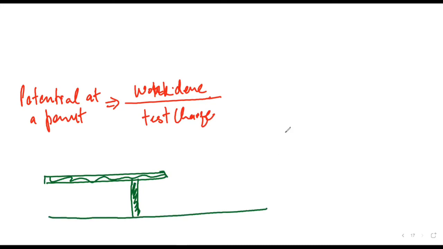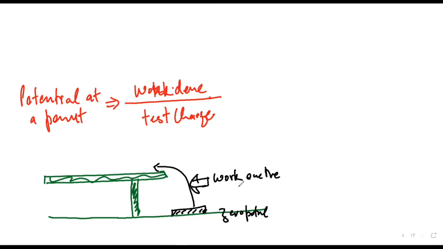If there is a book lying on the table, and I assume this to be zero potential, I raise the book from here to here, I increase the potential of the book, therefore I have to do work on the book. In case of gravitation, the work is done by a person, and in case of an electrical circuit, the work is done by the battery. Any doubt here? No doubt.